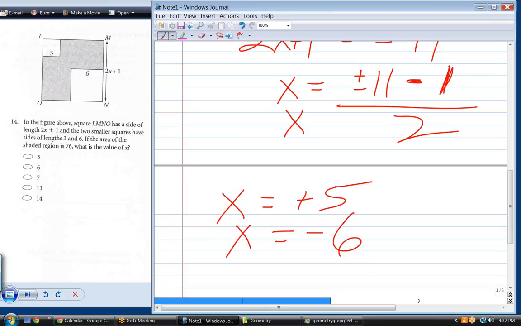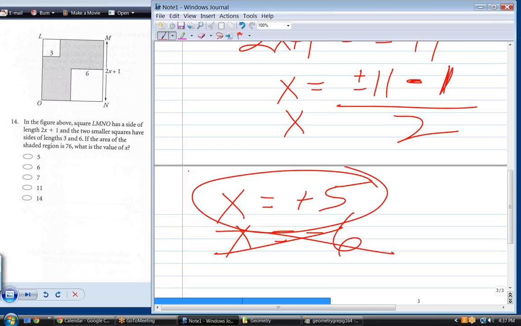Well, we can tell that we can throw out the negative solution, because if you stick in -6 for x, you get a negative number for the dimensions on this square. And in geometry, you cannot have negative dimensions. So we throw that answer out, and the only answer we have left is x equals 5.